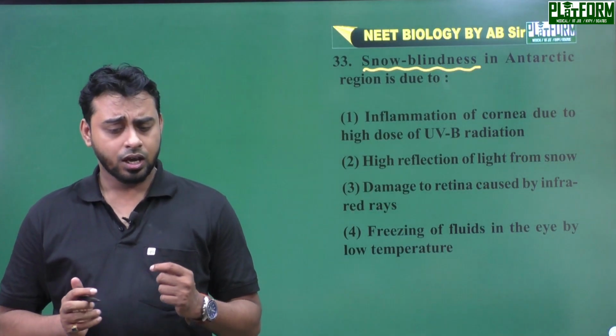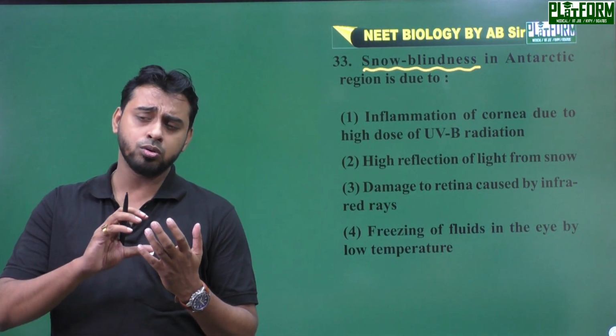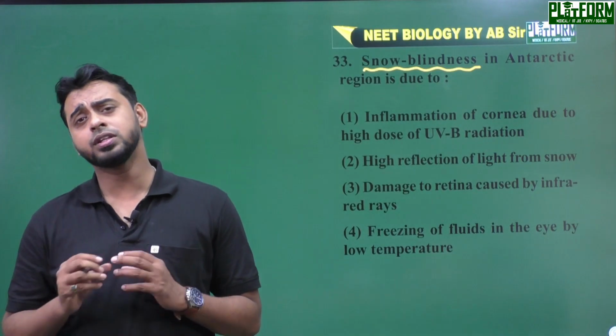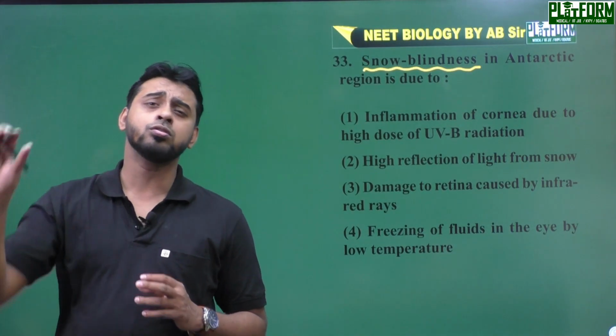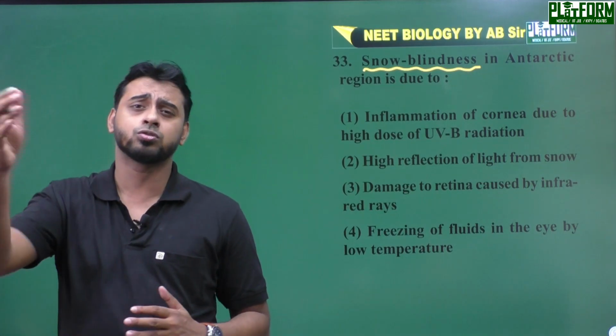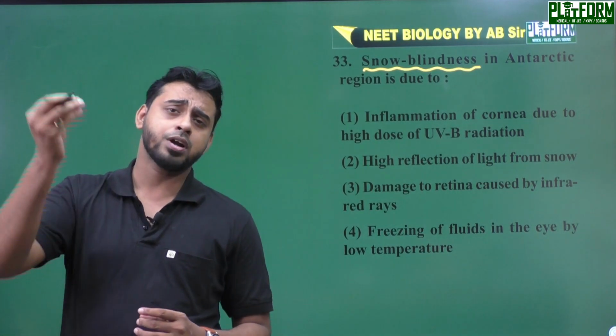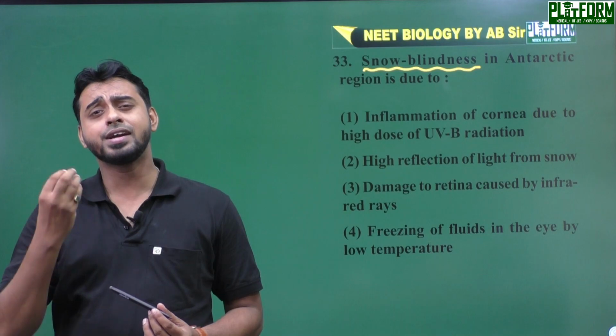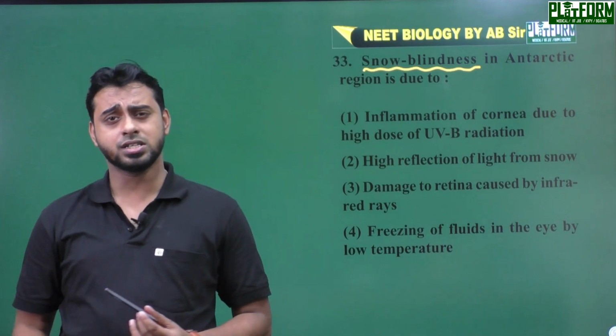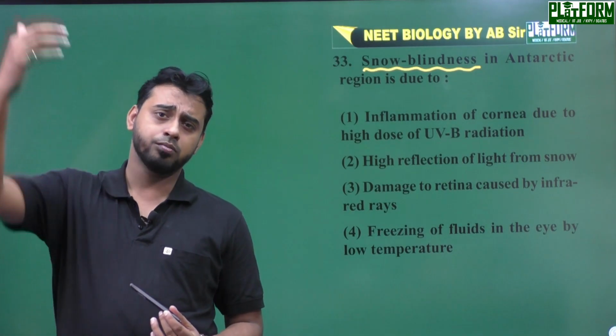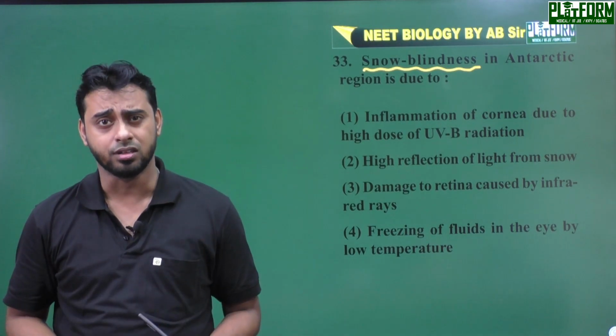We know that due to several reasons, some ozone holes are created on the ozone layer, and through that particular ozone hole, very deadly UV radiation is coming from the atmosphere to our earth.